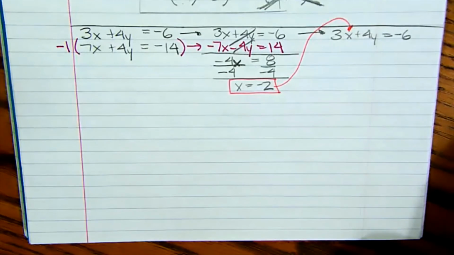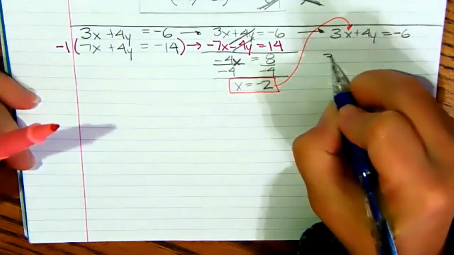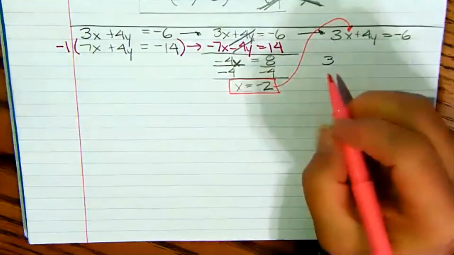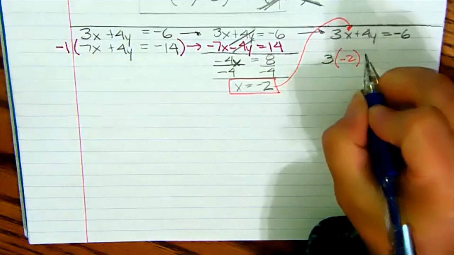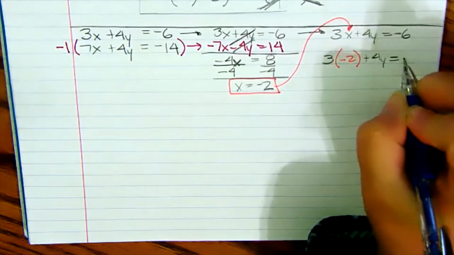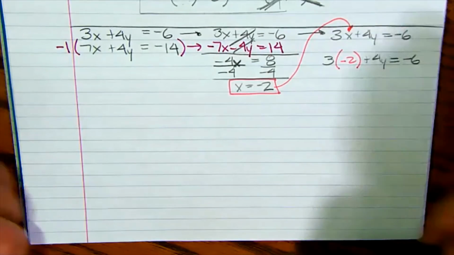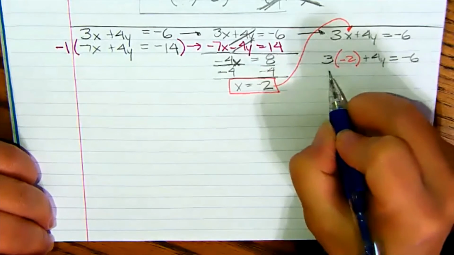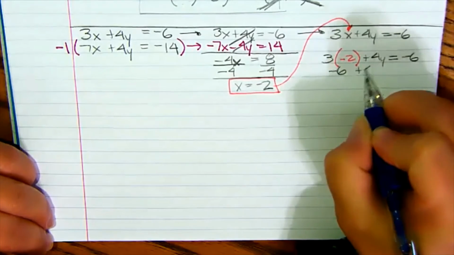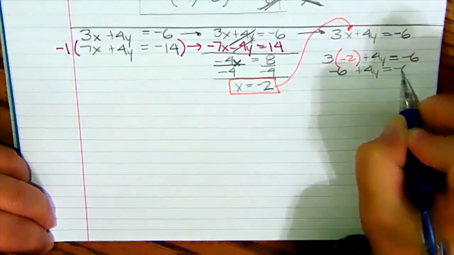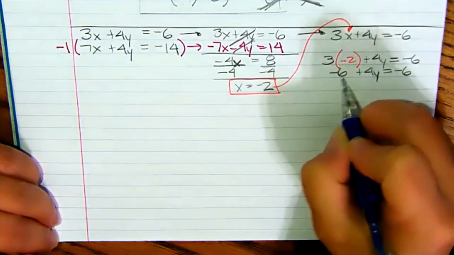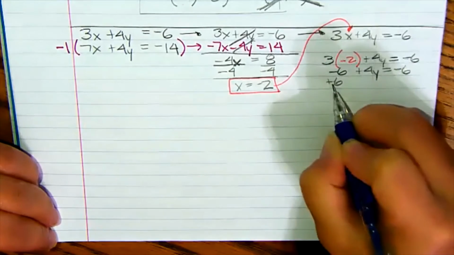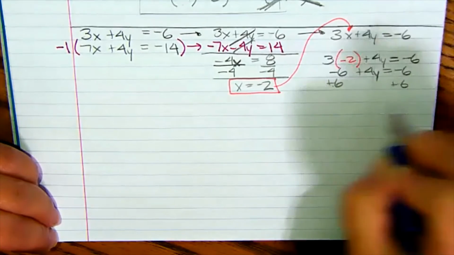Boom. So I have 3 times -2 plus 4y equals -6. 3 times -2 is -6 plus 4y equals -6. I want to isolate my variable. So I'm going to add 6. What I do to one side, I must do to the other.